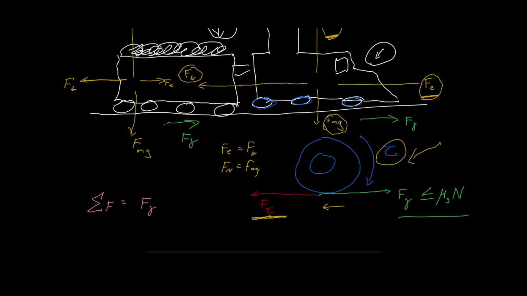And so you have this F sub gamma, which is equal to mu s, the static coefficient of friction that changes based on the material. So this is just some number, and that's multiplied by the normal force, and that's just the definition of the static force.